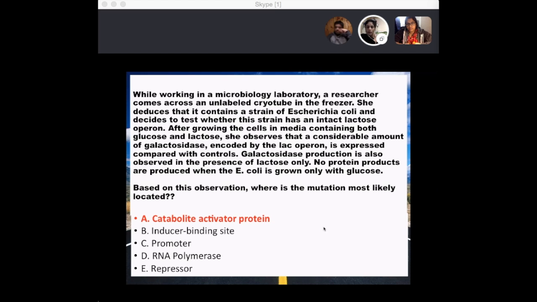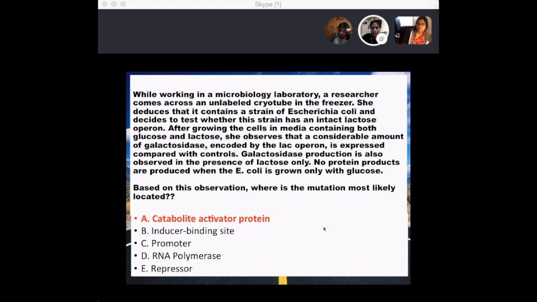Because the fact that no protein products were produced when E. coli was grown with the glucose is telling us that essentially, when there was glucose present, glucose is supposed to bind to the catabolite activating protein, it's supposed to bind to adenylate cyclase to prevent anything else from occurring.